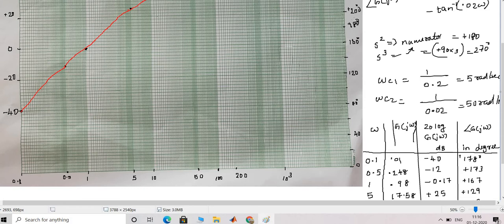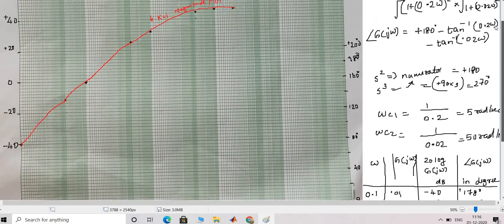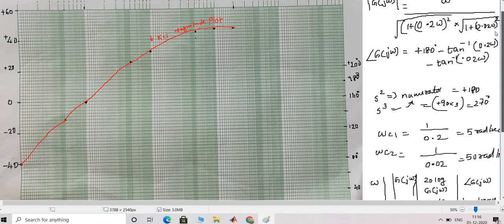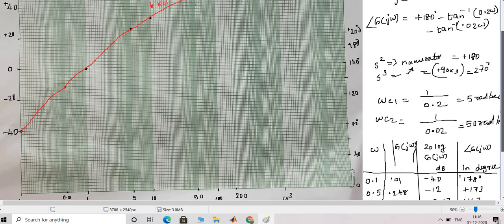Now we can mark the phase angle. Corresponding to 0.1, the phase angle is plus 180. Here you can see that the two plots will mix, because the range of values of the phase plot and magnitude plot are different, so there is a chance that there will be some crossing of the two plots.